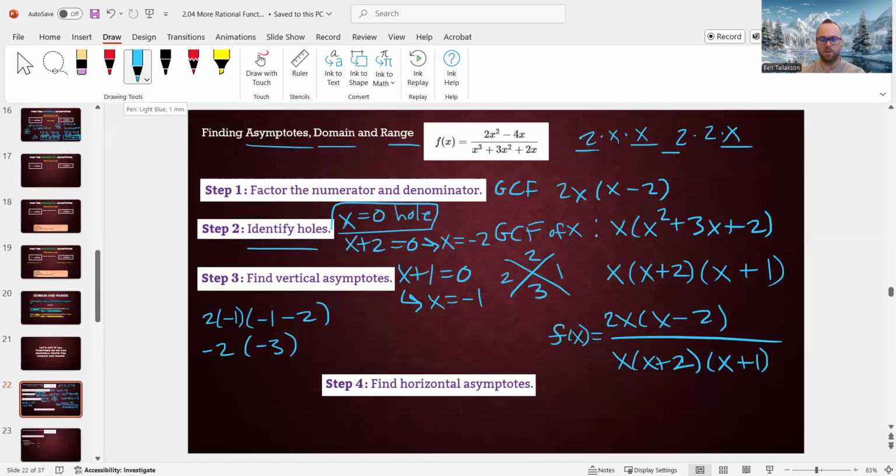So here's something to know. A hole can't also be an asymptote, right? They can't be the same thing. So this is a hole, but x plus 2, which is going to give us x equals negative 2, this is a vertical asymptote. And this we already solved as well over there. So x is negative 2, and this one will give us x is negative 1. This is also a vertical asymptote.